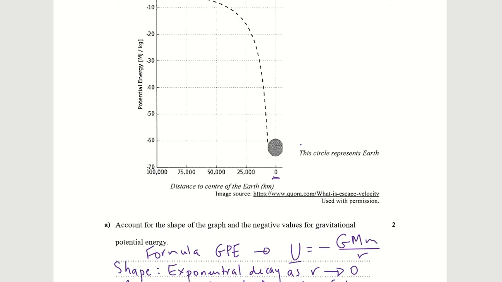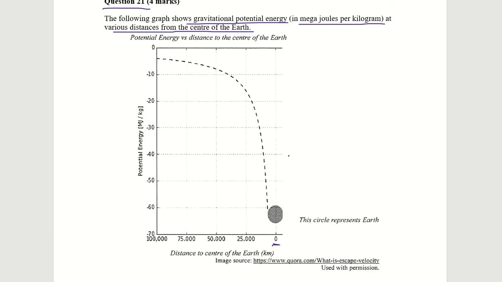Okay, let's go through it. As we get closer to the center of the planet, so let's say from this point here down to here, you can see that the overall gravitational potential energy has decreased, and also because it's becoming more negative. So GPE decreases as you get closer to the center of the Earth.